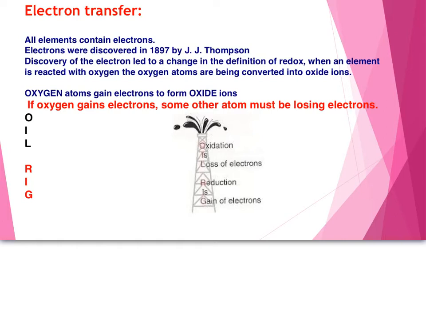Now, the term redox has since developed, and now it's all about electron transfer rather than worrying about the oxygen. Remembering all elements contain electrons, which were first discovered by J.J. Thomson, they redefined redox so that when an element loses electrons, we call that oxidation, and when an element gains electrons, we call that reduction.